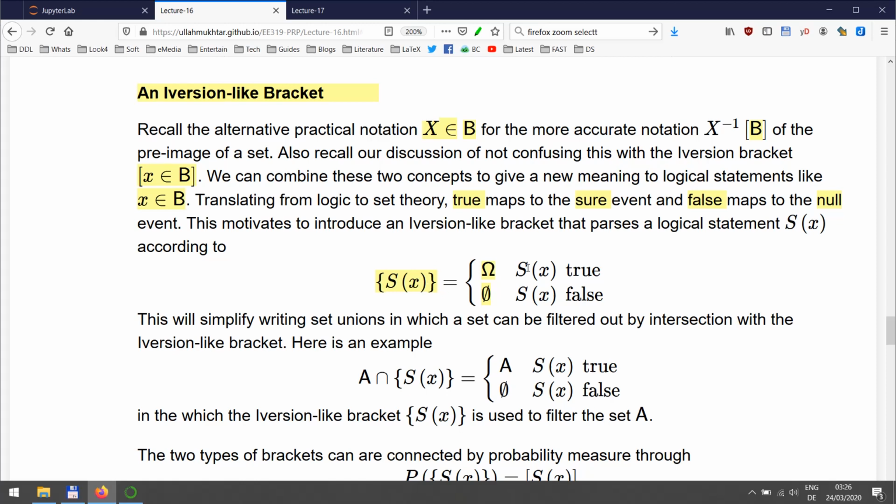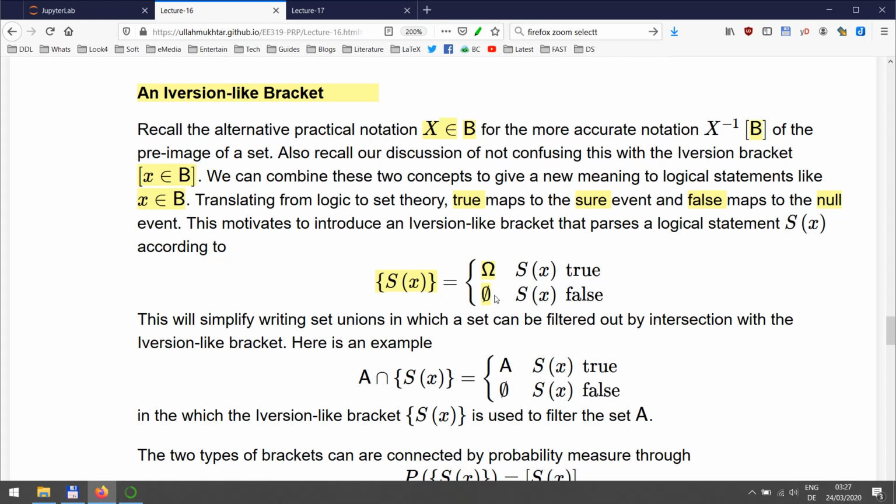If that logical statement is true, this new bracket, which I call the Iverson-like bracket, will give me the full sample space, and you know that sample space corresponds to 1 or true. If the statement is false, I will get an empty set.